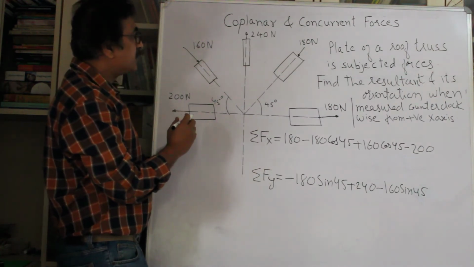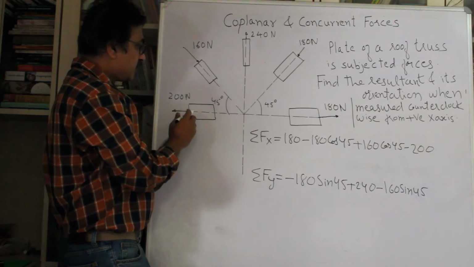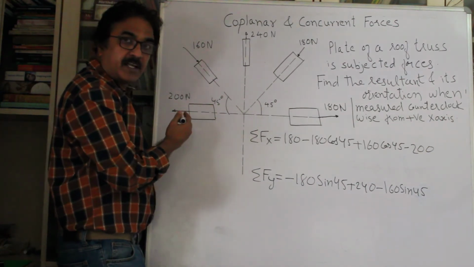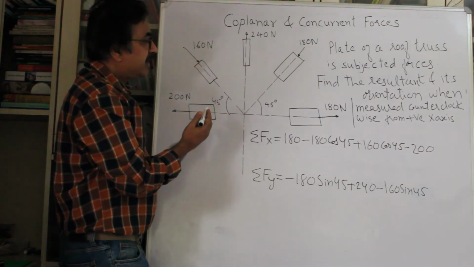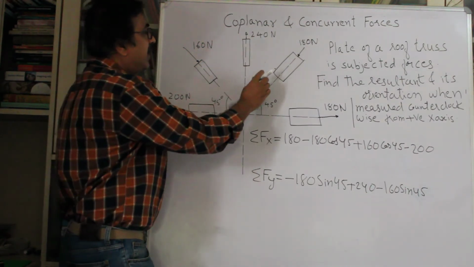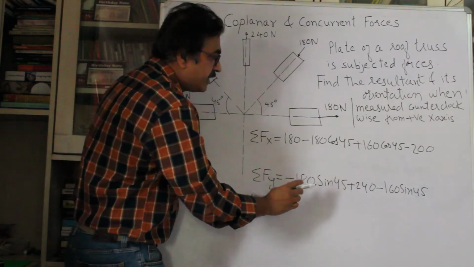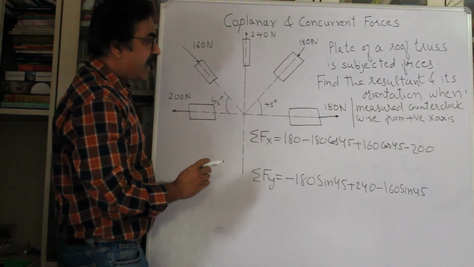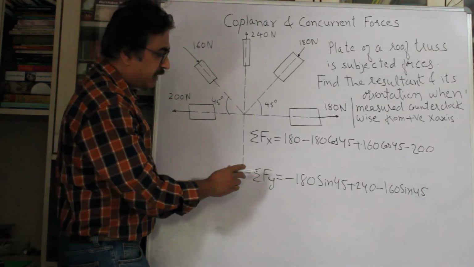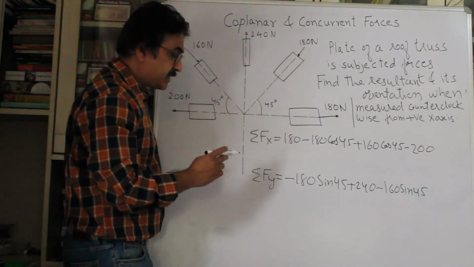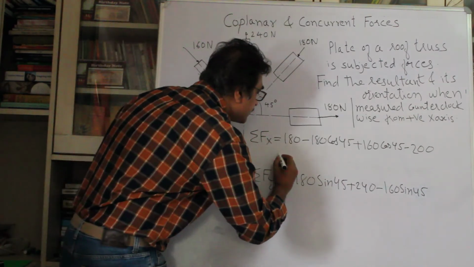So these are the forces. Is there any other force we have left out? We have not. 200 is the force, it's already in horizontal direction, so it will have no vertical component. So we have 1, 2 and 3 forces, and these are going to make the resultant. Now let's find sigma Fx.